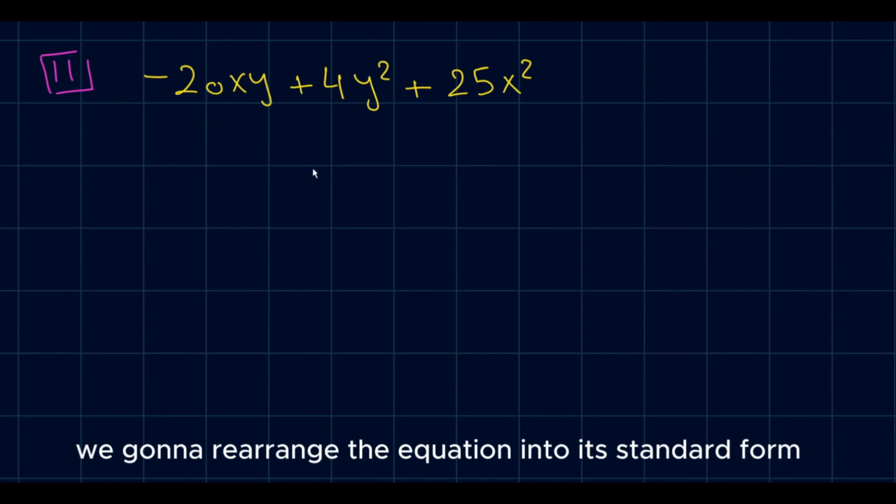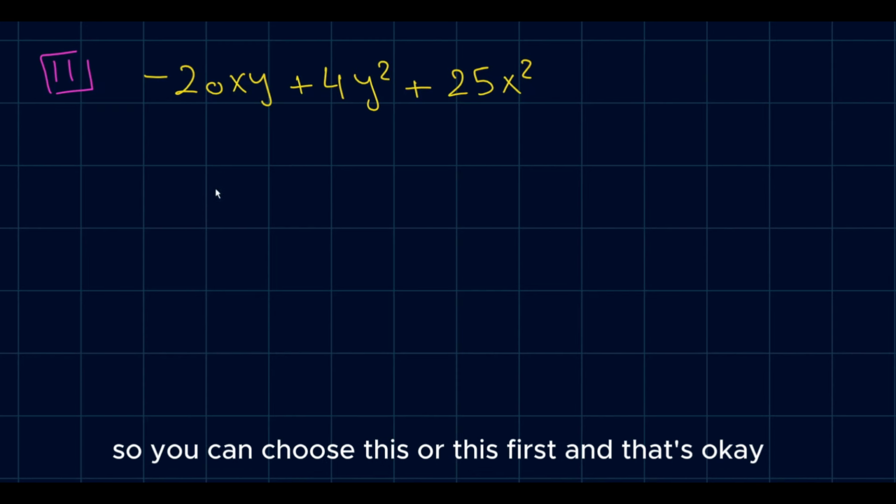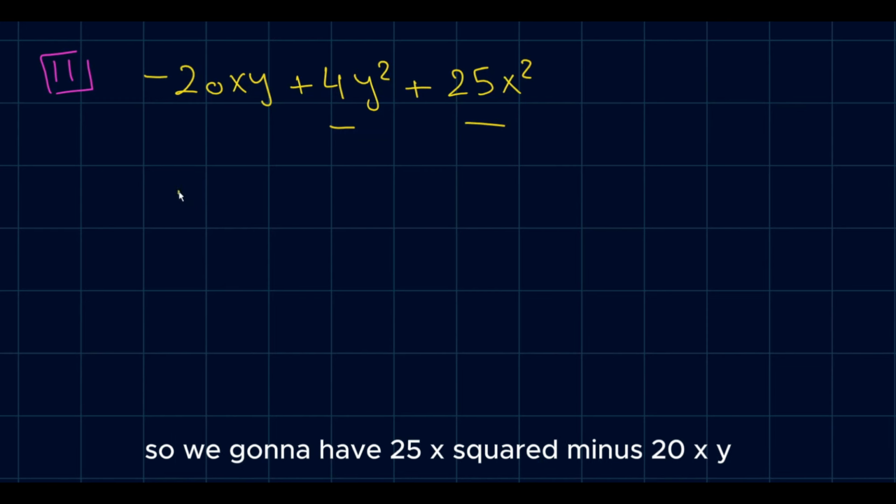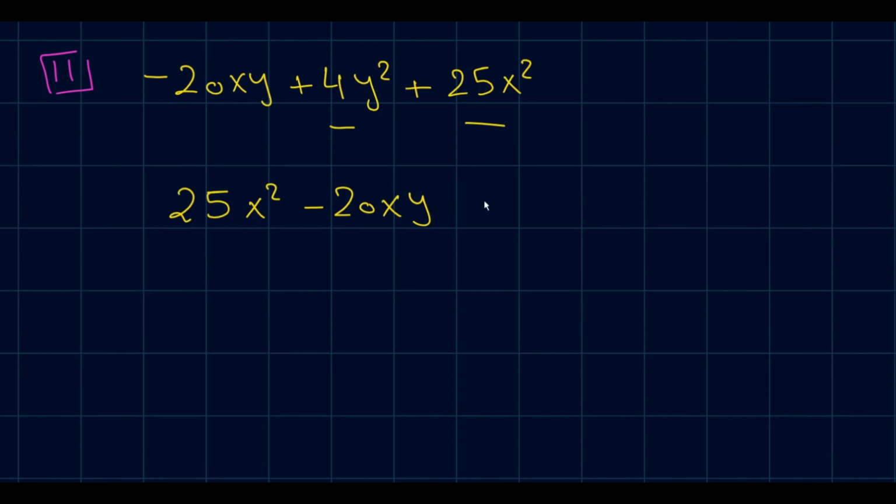First step, we're gonna rearrange the equation into its standard form. So you can choose this or this first, and that's okay. So we're gonna have 25x squared minus 20xy plus 4y squared.